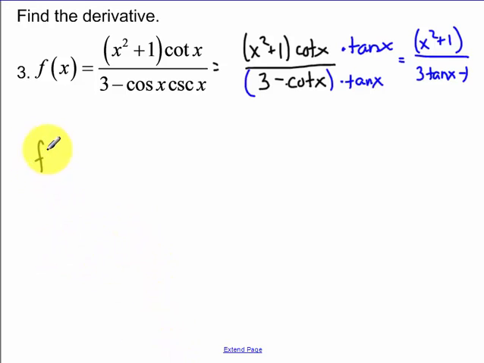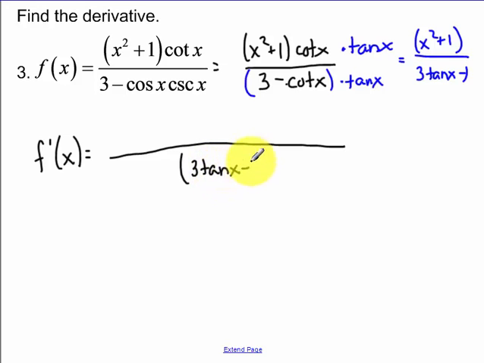Okay, so our derivative is, oh, that was a really straight line. Okay, remember your derivative, the denominator you can just square.